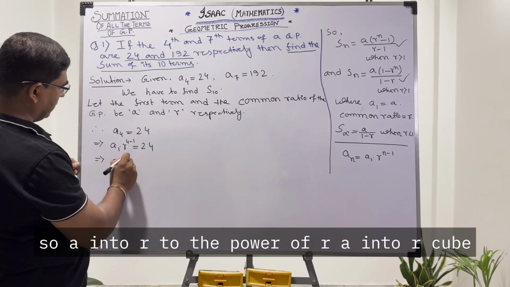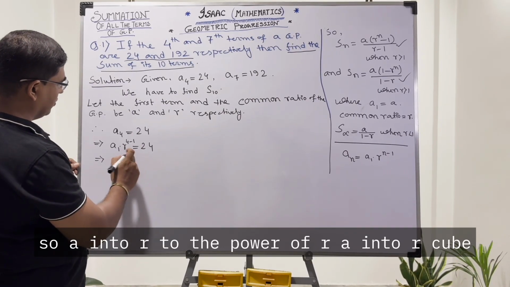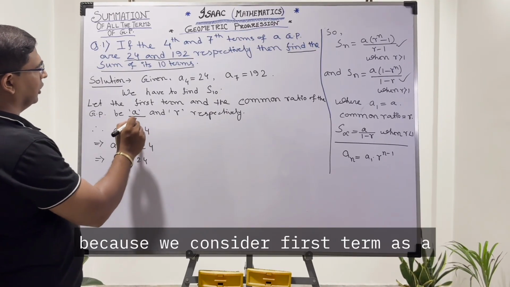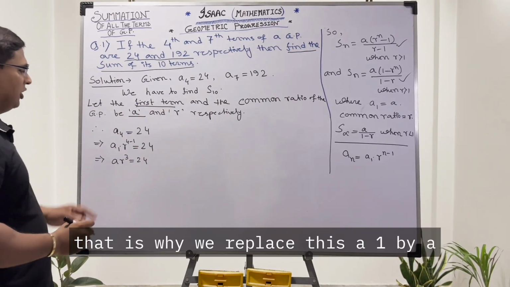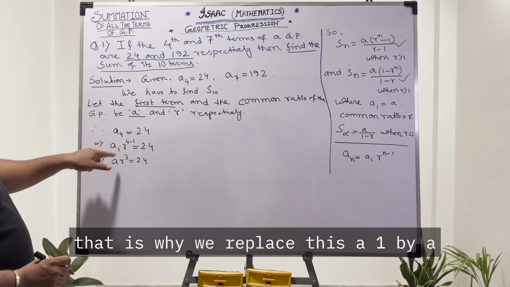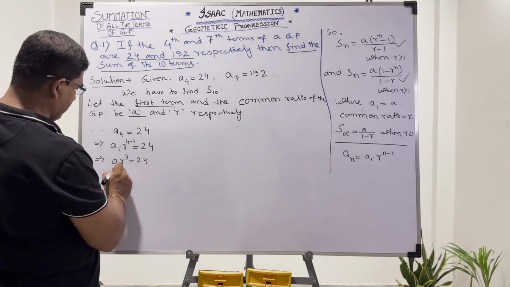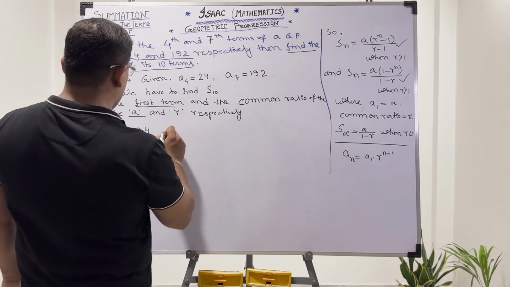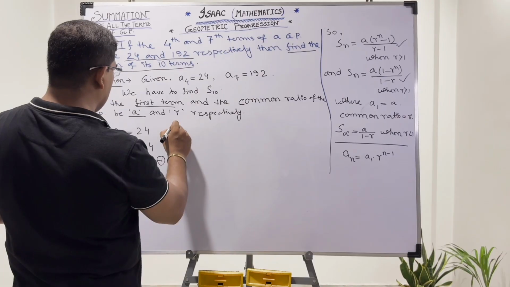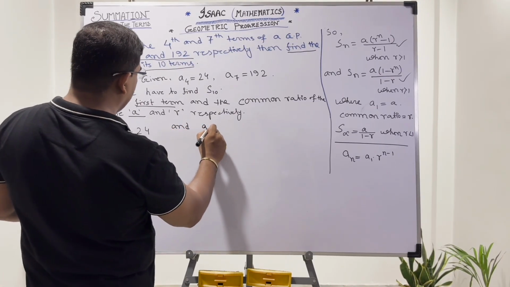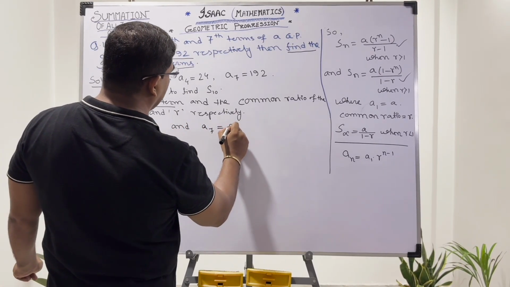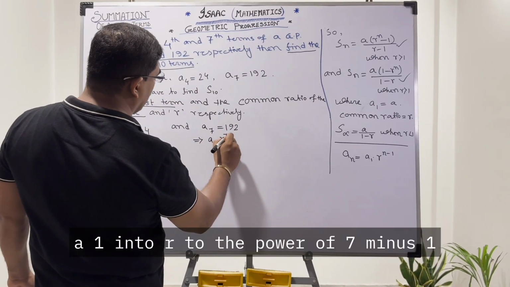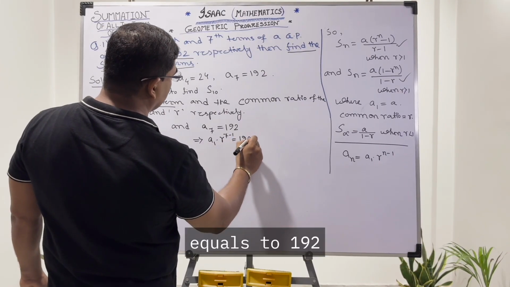So A into R to the power of 4 minus 1, or A into R cube, equals 24, because we consider the first term as A. That is why we replace this A1 by A, since first term A1 equals A. This is number 1, and A7 equals 192 implies A1 into R to the power of 7 minus 1 equals 192.